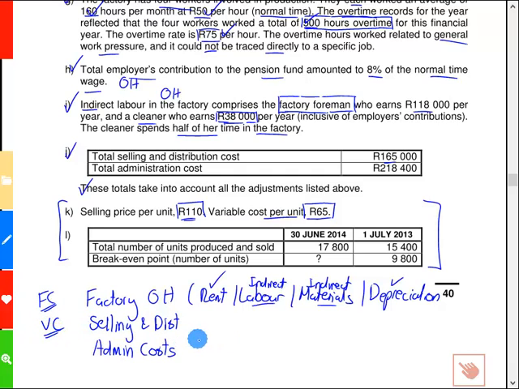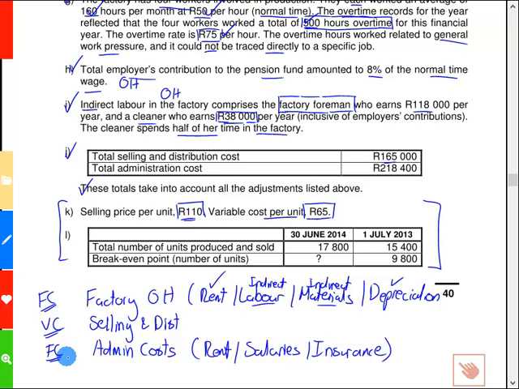Then my admin costs, which costs form part of them? It's rent, again, salaries, insurance, water and electricity, etc. Again, you can see these ones generally don't really change. If you sell 10 units or 100 units, these ones are generally going to stay fixed.